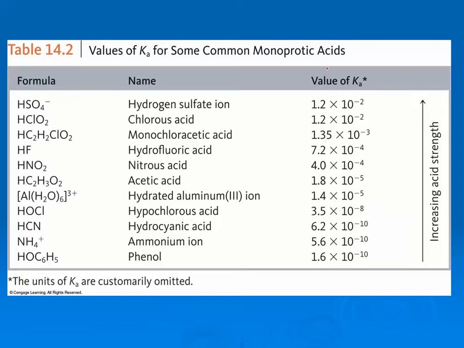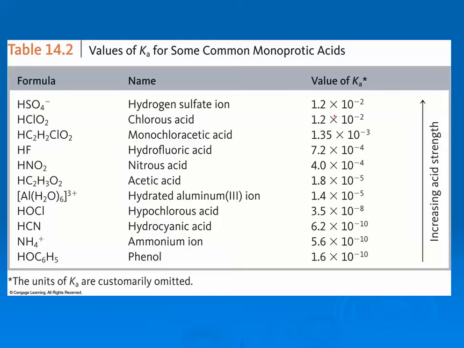Remember, the larger the K value, the more the equilibrium lies to the right. Think about that. If you have a larger K value, you tend to make more product. So this would be a stronger acid than the ammonium is.